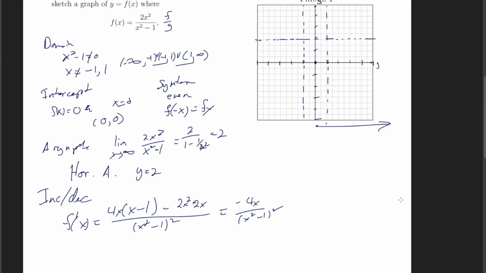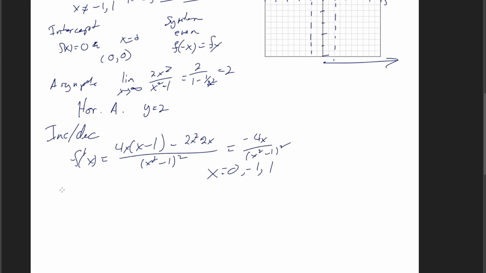And so what do we have here? Where does this equal 0 or not exist? Well, this equals 0 at x equals 0, and it does not exist where x is equal to 1 or negative 1. So 0, 1, or negative 1. Notice we only really need to look at 1. I'm only going to do half the intervals, because I have the symmetry.